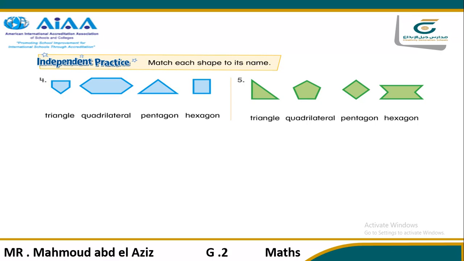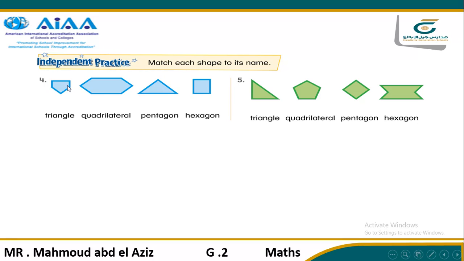So, dear students, with our first question here, match each shape to its name. We have here 4 names: triangle, quadrilateral, pentagon, and hexagon. The first shape here, how many sides do we have? Let's count them. 1, 2, 3, 4, and 5.